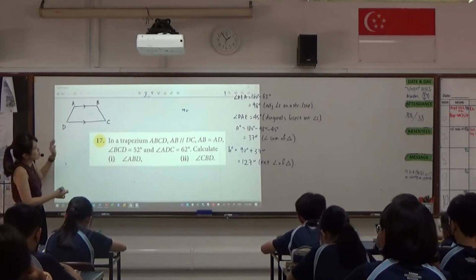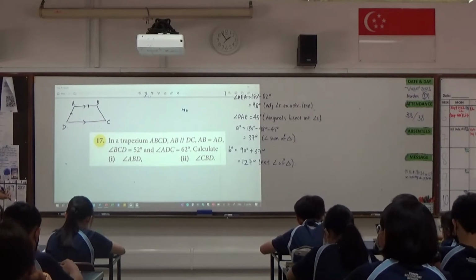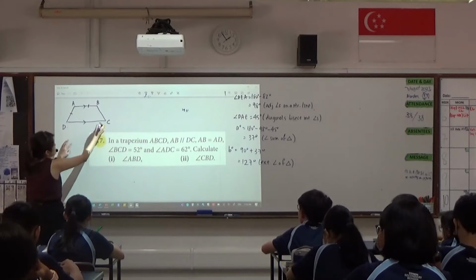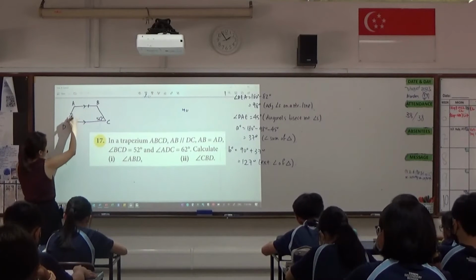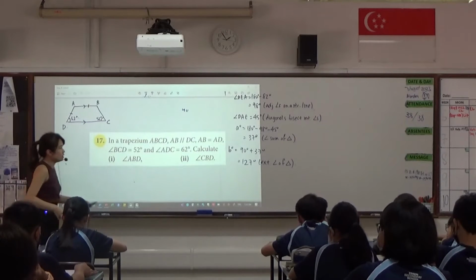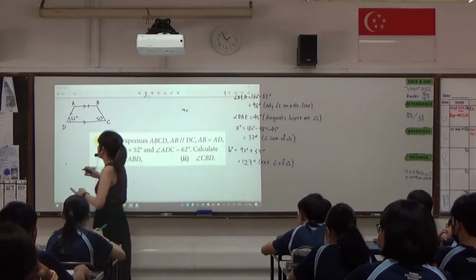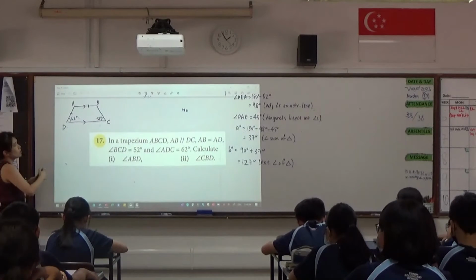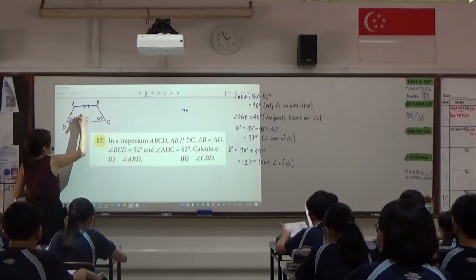Then the question also says that AB is equals to AD. Angle BCD is 52 degrees, and angle ADC is 62 degrees. We want to calculate angle ABD. If you do not have a diagram, you wouldn't have realized that angle ABD is actually this angle over here.